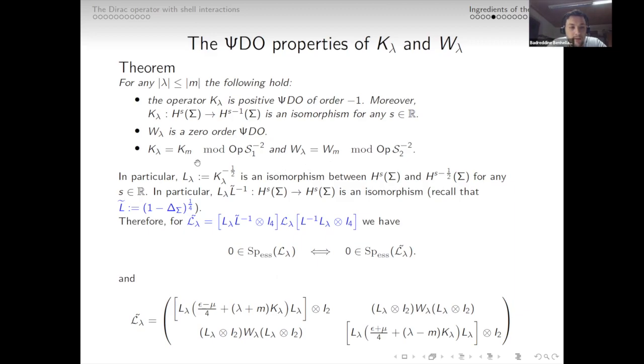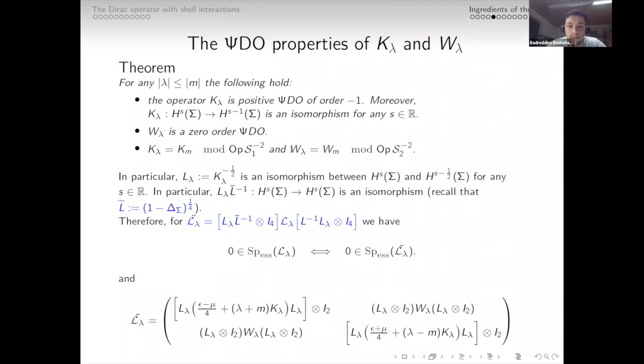So here, remember, K lambda acts on scalar functions. So here this is 1, and here this is a 2x2 matrix. So this is why we have this, and this is here. For this, the first equality is somehow not hard to see, but the second one is not obvious.